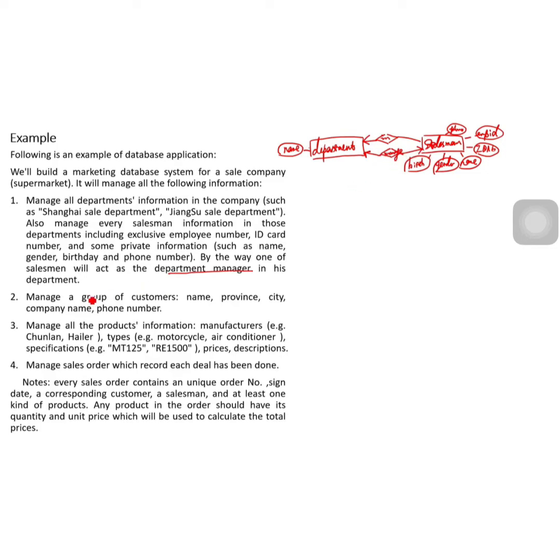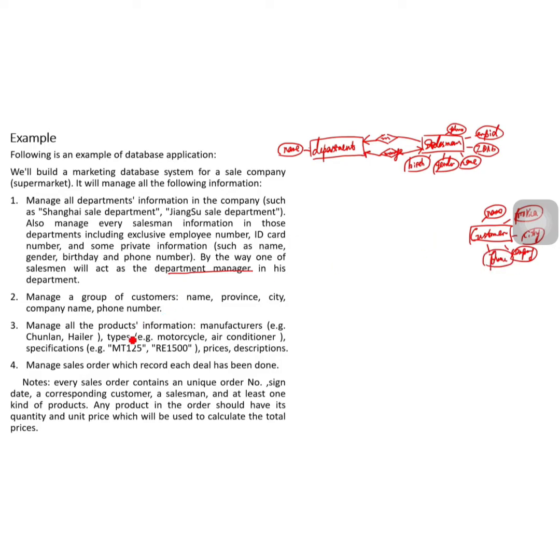Okay, now manage a group of customers. Now customers, and there are names, province, city, company, phone. This information are attributes.